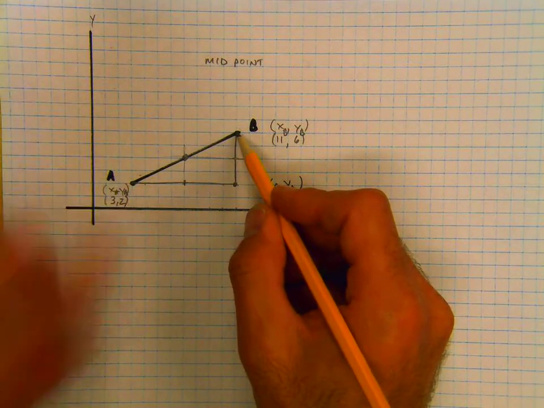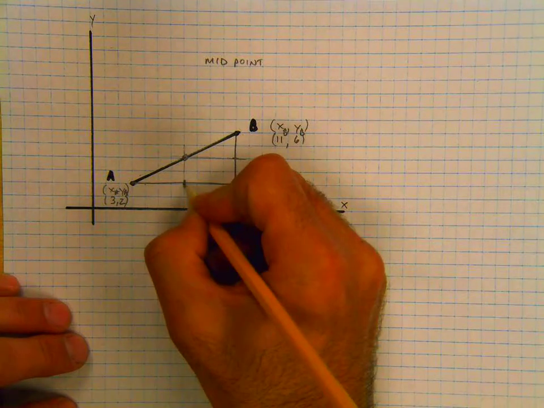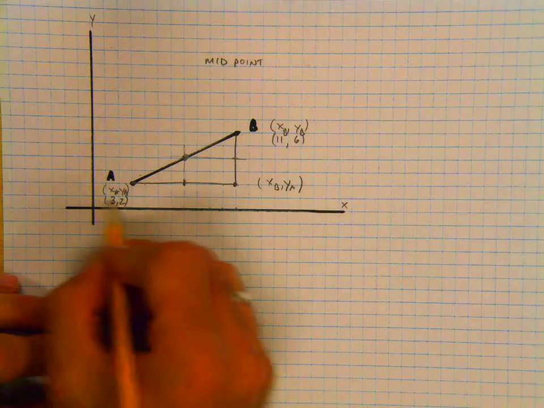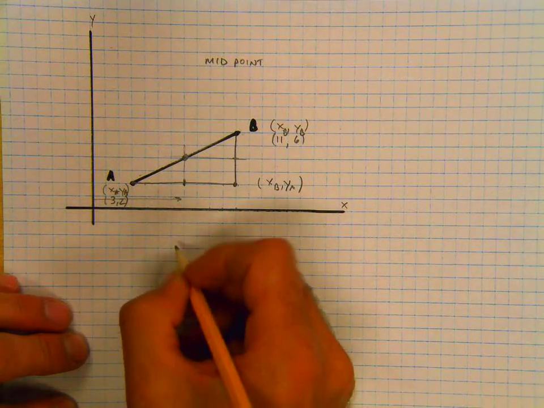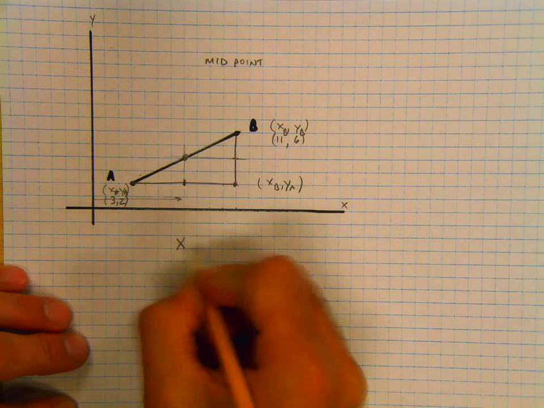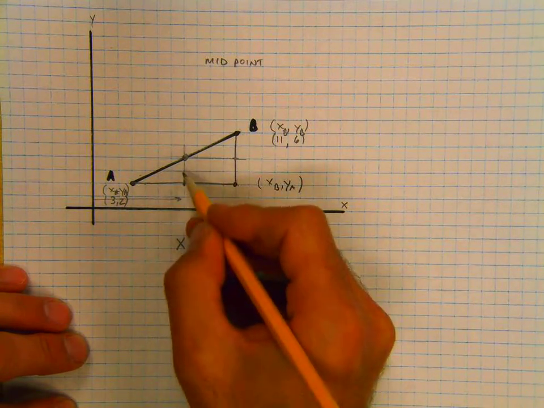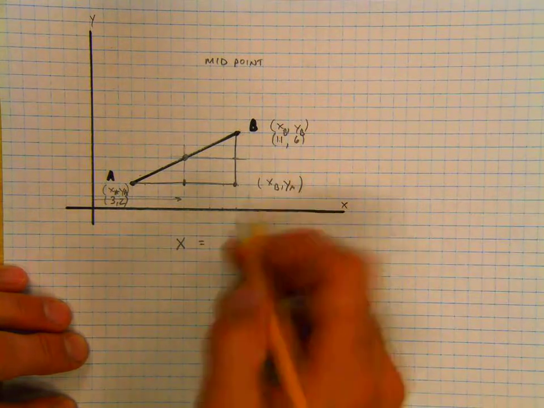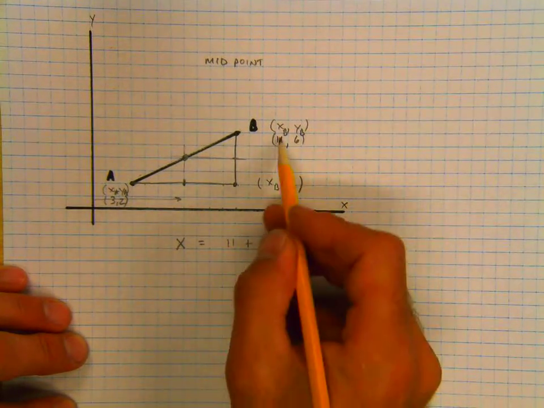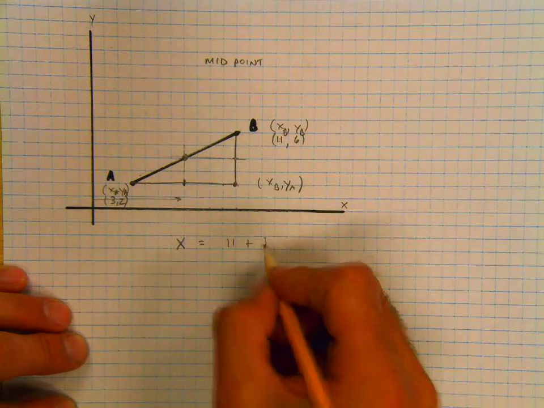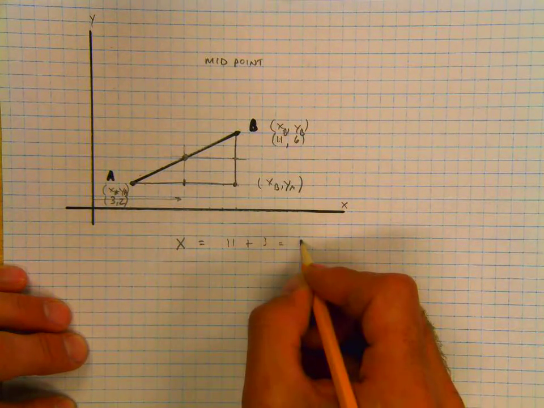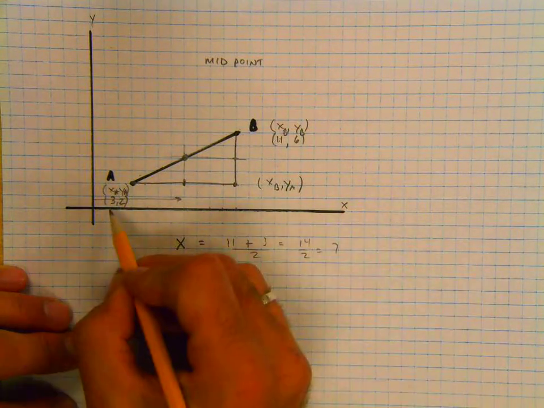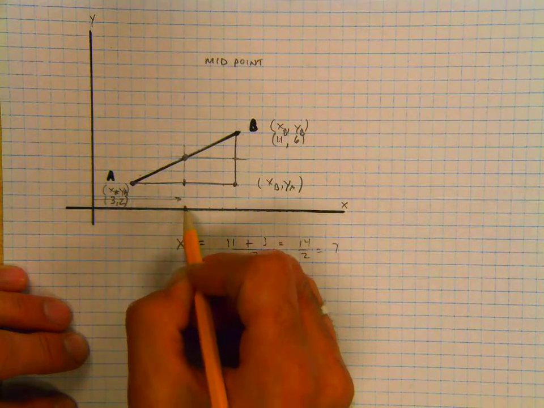So let's see if we can figure out how to get this point right there. This is the x coordinate, and so if we want to get the x coordinate right there, what we're going to do is take this 11 plus the 3, and that is 14, and then we're going to divide by 2 to get 7. 1, 2, 3, 4, 5, 6, 7.